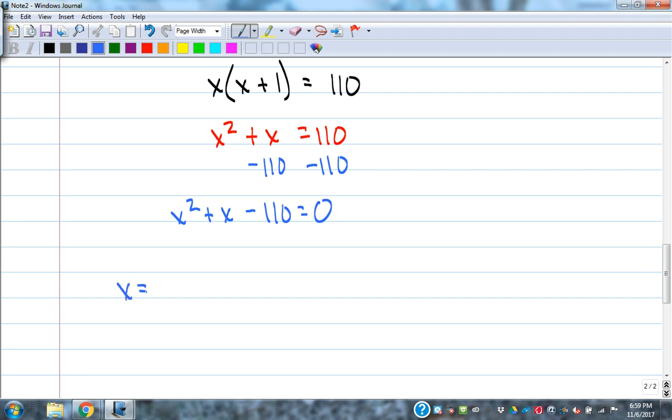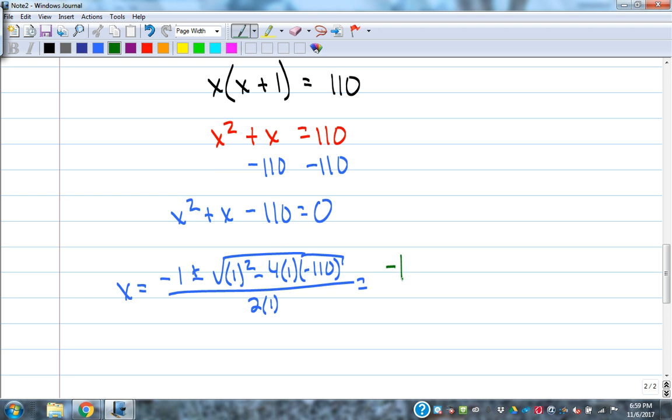And then I could run the quadratic formula. -1 plus or minus the square root of 1 squared minus 4 times 1 times -110, divided by 2 times 1. That'd be -1 plus or minus the square root of 1 plus 440 over 2.